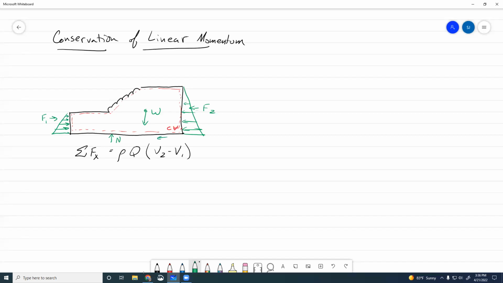And then we also have our friction force acting in that direction. But we're going to assume that we're going over a short distance here. So we're going to say this is negligible. And that is going to be an approximation.